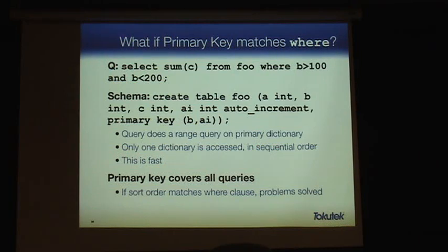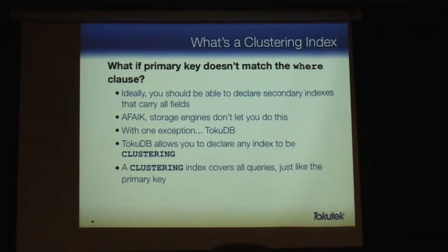A property that we have here is that if you're using the primary key, it's going to be covering all queries. And if your sort order on the primary key is matching your where clause, then basically your problem's solved. Now, what if a primary key doesn't match the where clause? Ideally, we want to be able to declare secondary indexes that just carry all of the fields, but unfortunately storage engines don't allow you to do this.